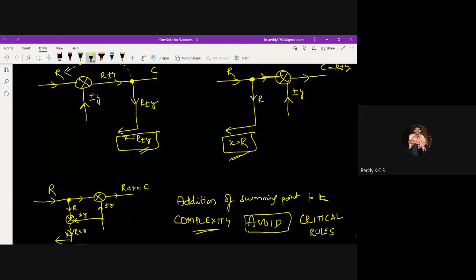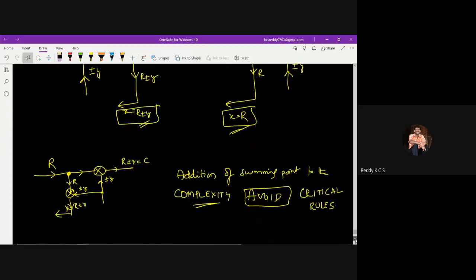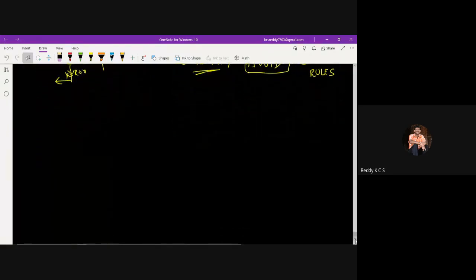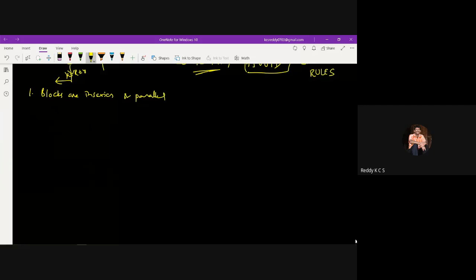Till now we have discussed almost all the rules which are used in a block diagram. The first rule which we discussed is when the blocks are in series, and we know what will happen, right? Blocks in series, and parallel.